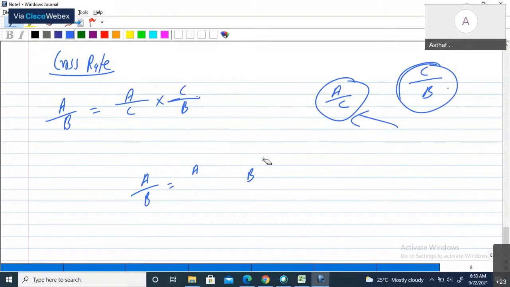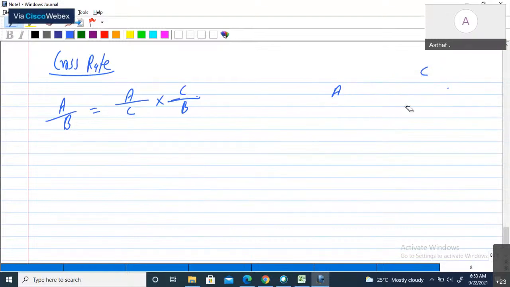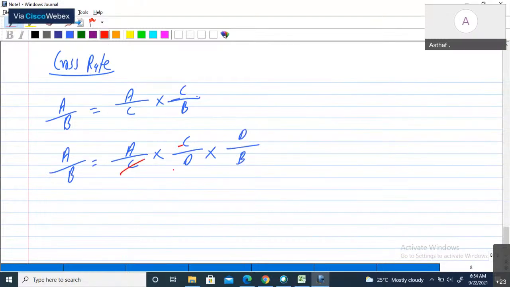This need not be C. This can go a different way. I will tell everything very fast. A by B, you can also call it A to C, C to D, then D to B. Look here, you can cross multiply. It can go anywhere.